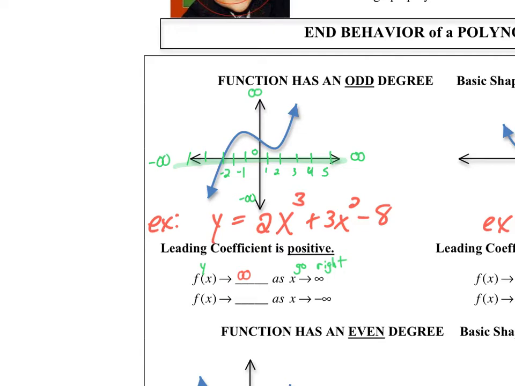If I pick a spot on my graph and follow that graph to the right, I'm going to end up going up at the end. And as I follow the graph to the left, I'm going to go down at the end, so it's going to negative infinity.